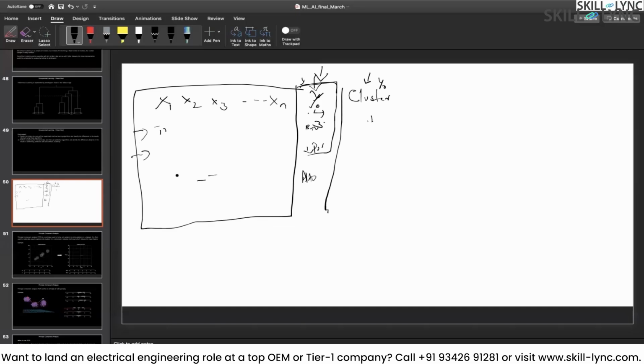Now when you do the clustering analysis, it's quite logical that all the records with BMW should have some similarity, all the records with Porsche should have some similarity, all the records with Alto should have some similarity, and then you will come up with different clusters.